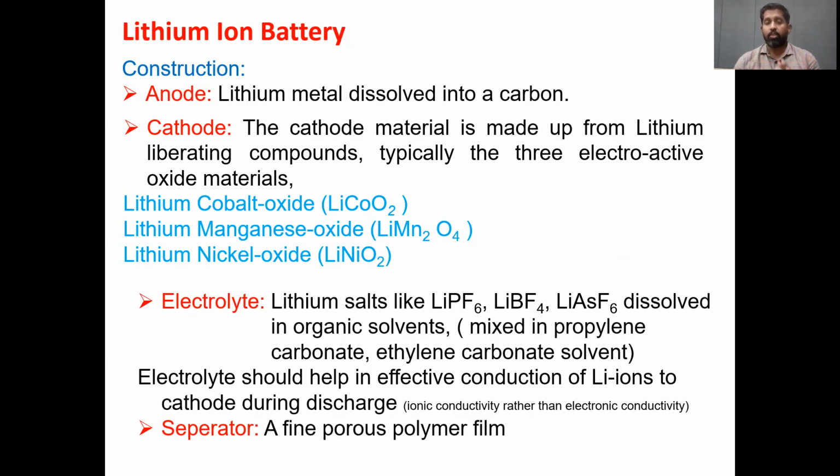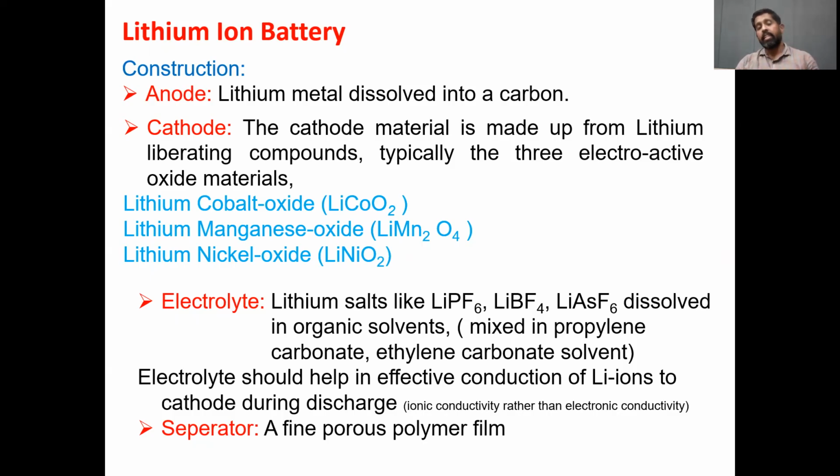Point to be remembered: you should know which is the anode, which is the cathode, and which electrolyte is used. For electrolytes we prefer lithium salts like LiPF6 and LiBF4, dissolved in an organic solvent such as propylene carbonate or ethylene carbonate. As I told, we cannot use aqueous electrolytes because lithium is highly reactive.